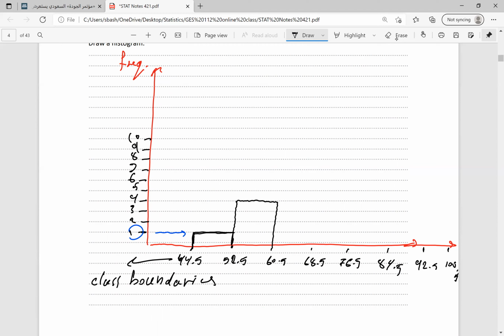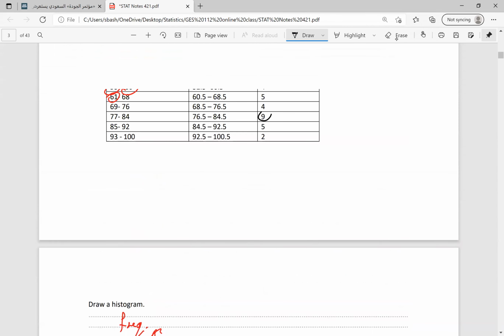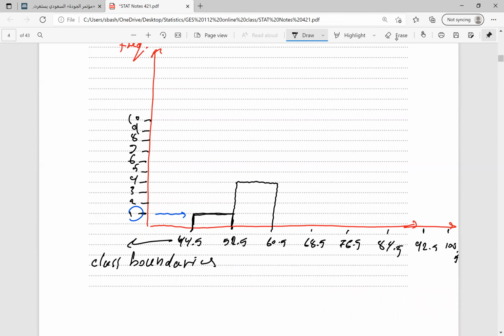So this is the second bar. The third class has frequency equal to 5, and the next one is 4.